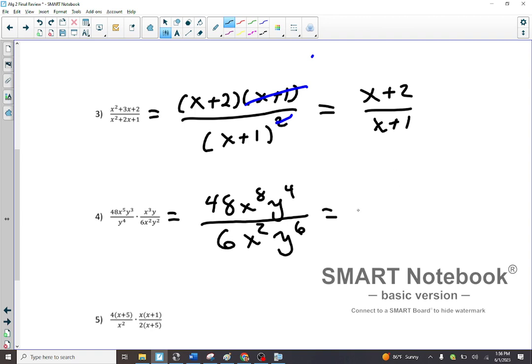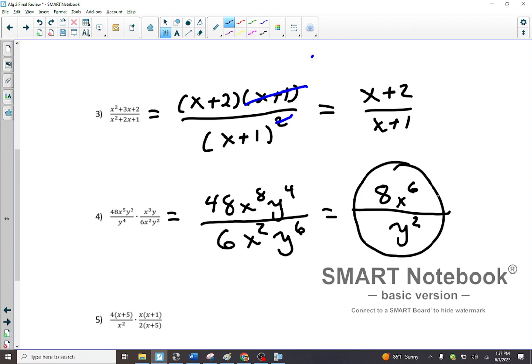So 48 over 6, I can reduce that. That's going to be 8. x to the 8th over x squared, you remember you should track exponents. So x to the 6. y to the 4th over y to the 6th, that's y squared on the bottom. That's y to the negative 2, but you have to move it to the bottom. Since it's multiple choice, this is how the answer would look like.